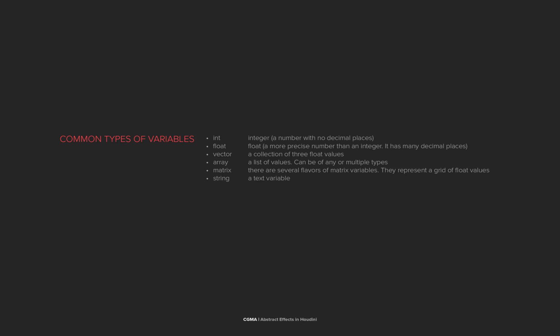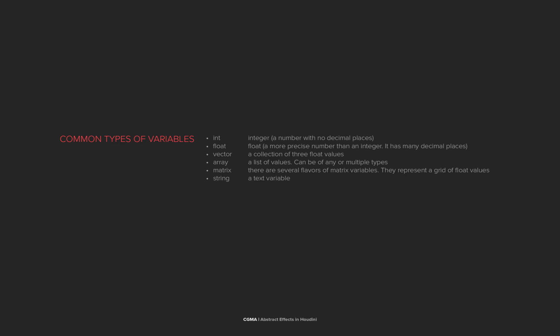A vector is just a collection of 3 float values, such as position, which has an X, Y, and Z component, or color, which has a red, green, and blue component. An array is just a list of values, and they can be different types of values, but basically it's a way of holding a bunch of different kinds of data together, whether it be a series of integers or a collection of floats, or even a collection of vectors.